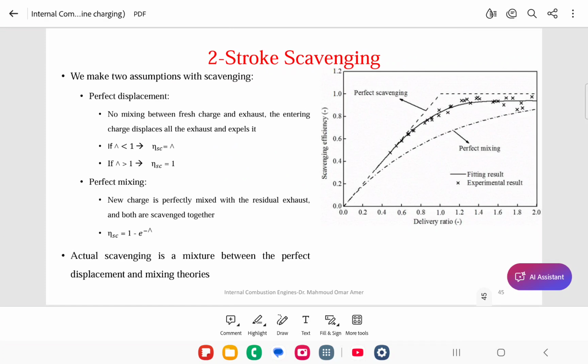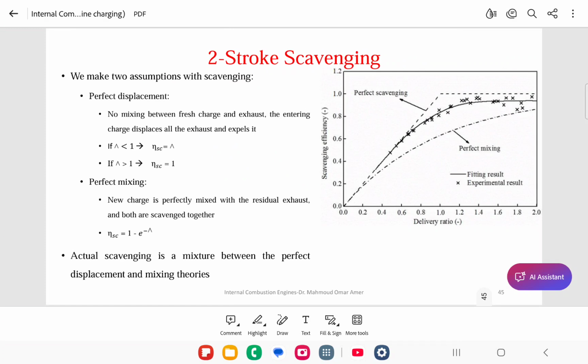So the mass inside the cylinder is a mix between intake and exhaust, and the mass that was discharged from the cylinder is still a mix between intake and exhaust. So can the scavenging efficiency ever be 1 or more than 1? Never. It will always be less than 1. And we calculated through an exponential term, the scavenging efficiency will be 1 minus e power minus the delivery ratio.